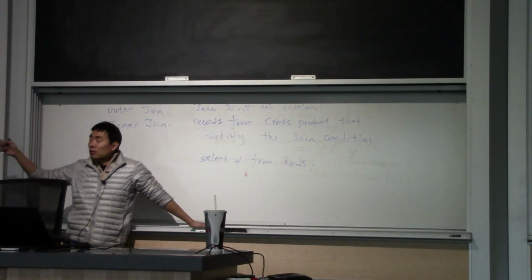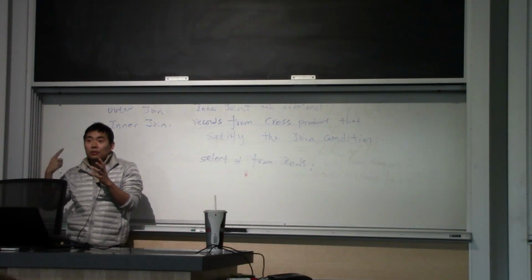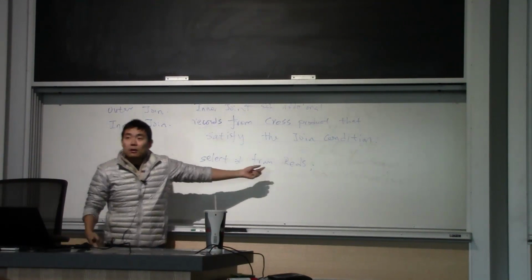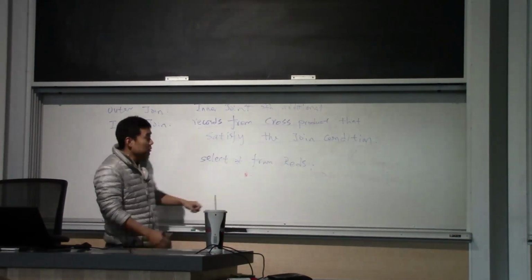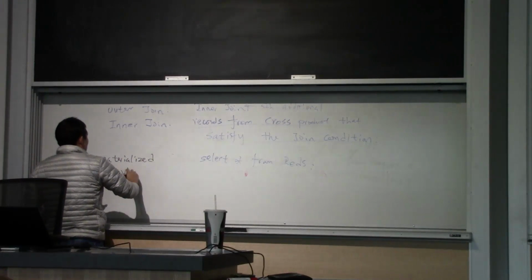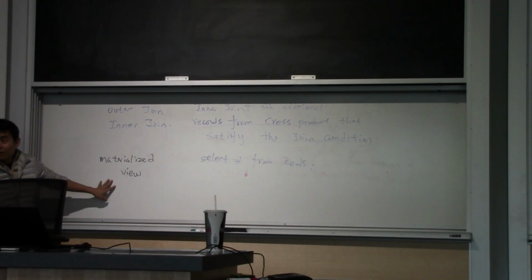So I execute this view definition once, cache the results in ret, then I no longer need to do this expensive nested query. Rather, I will reduce my query to a hash table lookup from this cached result for ret. Do you follow me? And that's something called a materialized view. So you materialize the view.